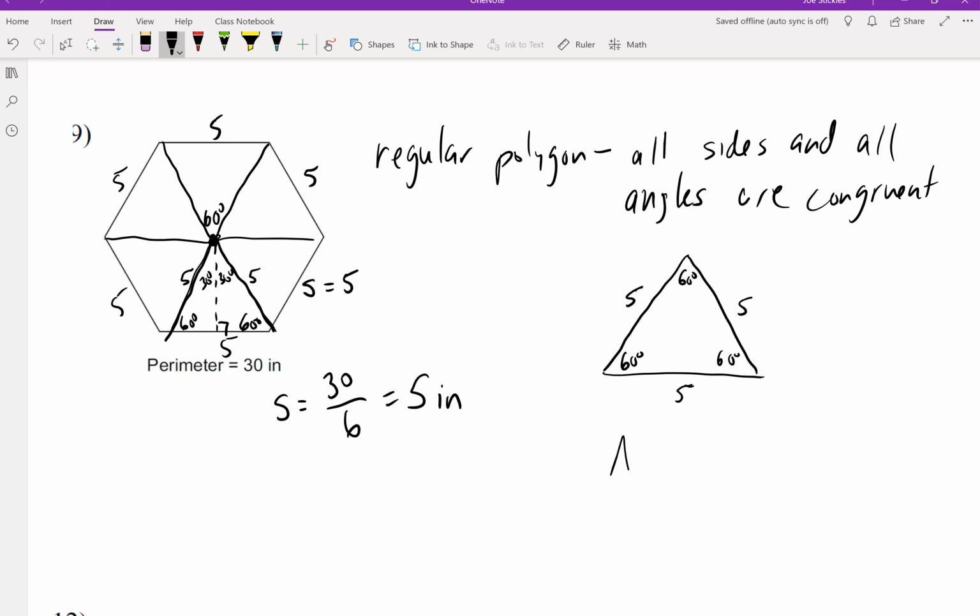So the area of one of these triangles is going to be 1/2 times 5 times 5 times the sine of 60 degrees. And even though I could pull out my calculator, we know the exact value for sine of 60 degrees. That's square root of 3 over 2. So I can actually write this as 25 square root of 3 over 4.